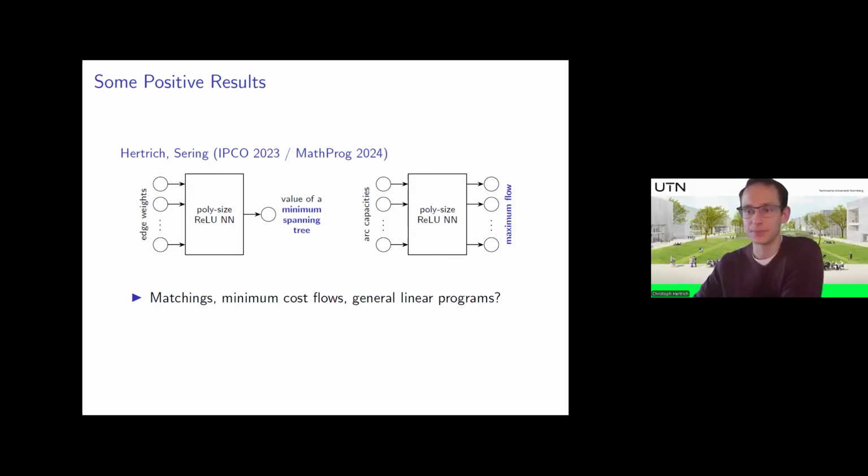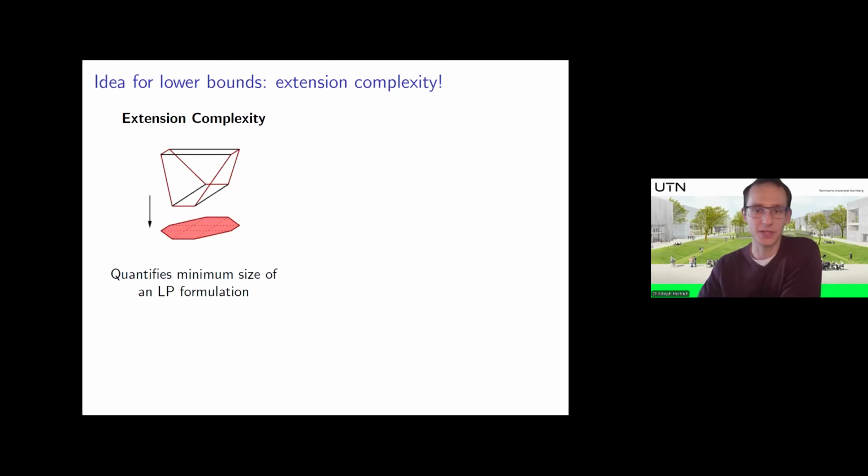And if you don't believe that this would be possible, then what would be ways to find lower bounds? Thinking about combinatorial optimization problems, proving lower bounds is usually difficult.